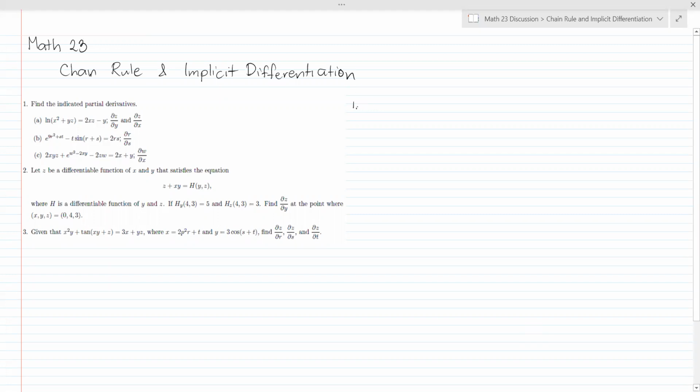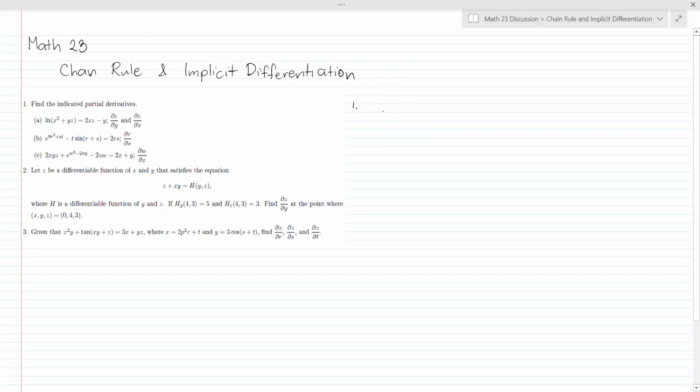Find indicated partial derivatives. So, most na given dito ay mag-involve na ngayon ng implicit differentiation. Sa function of several variables, may natutunan tayong bagong technique na mas madali para magkuha ng partial derivatives using implicit differentiation.